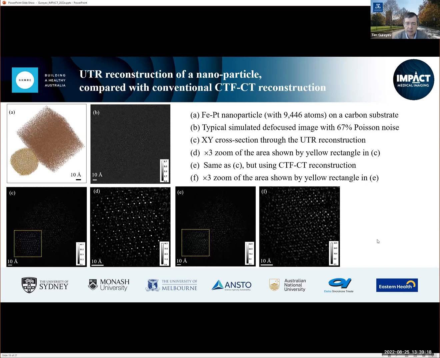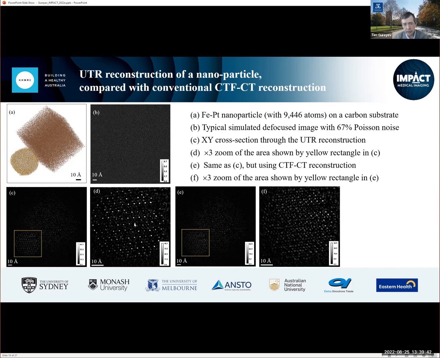So just one quick example from electron microscopy before I move to the more relevant X-ray imaging examples. But this one demonstrates that the new method can effectively account for the Ewald sphere curvature for the short depth of field in nanoparticle imaging.